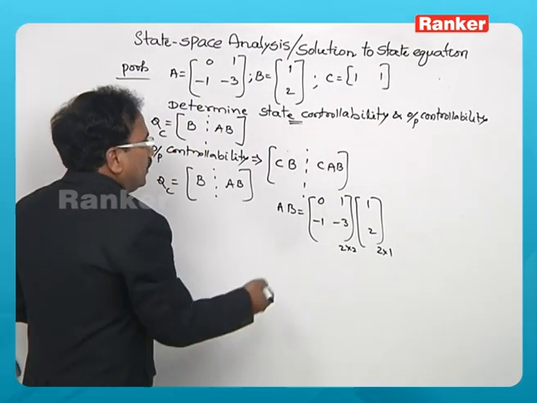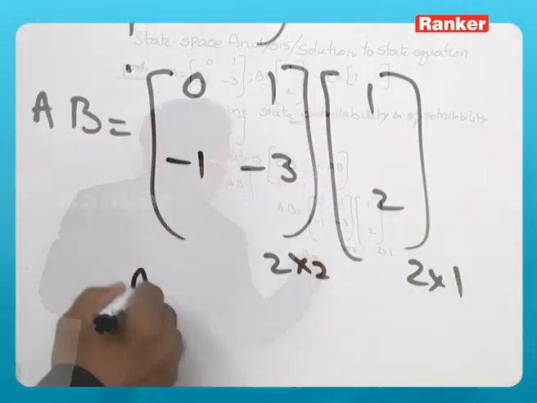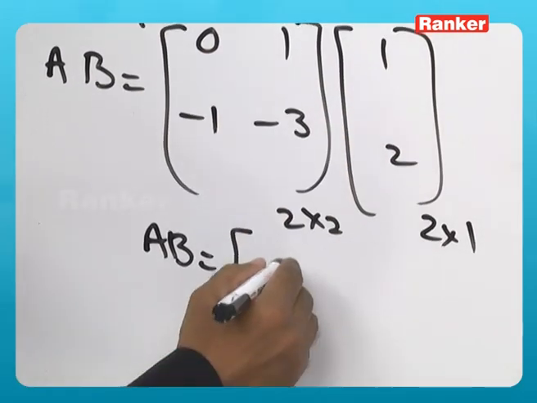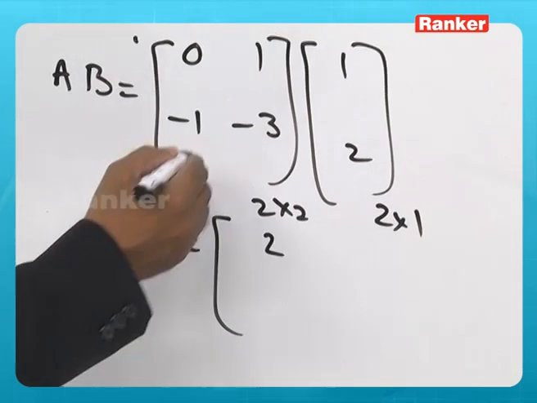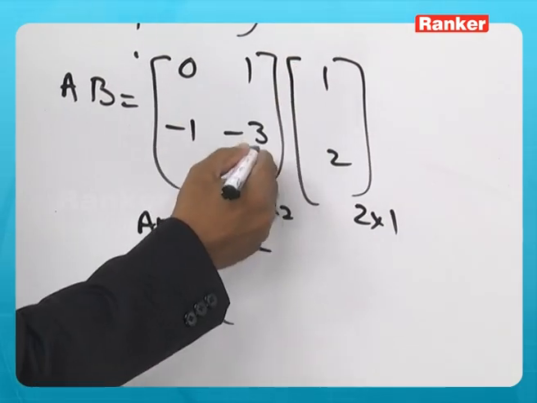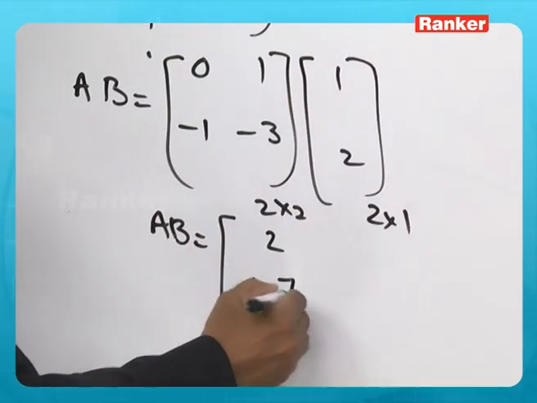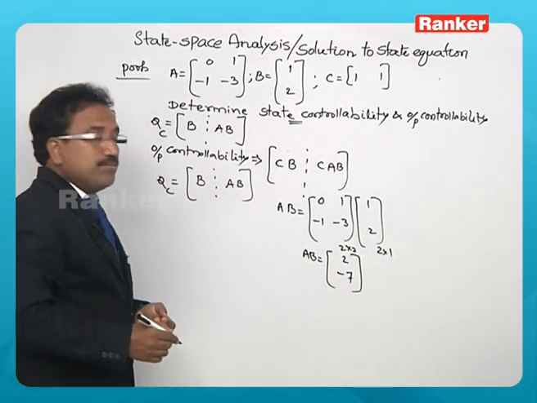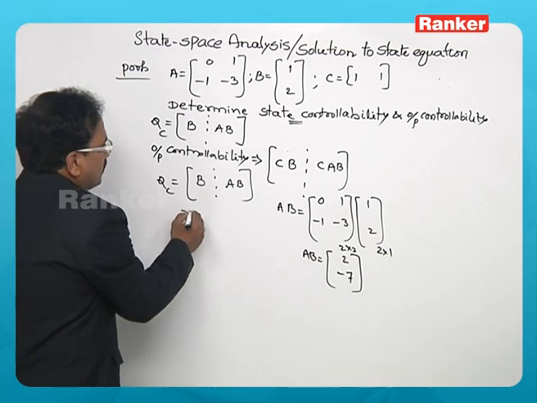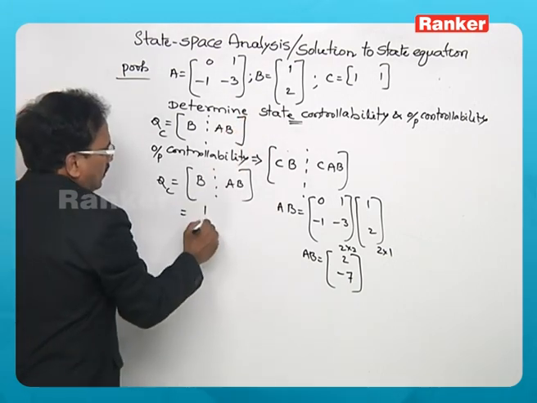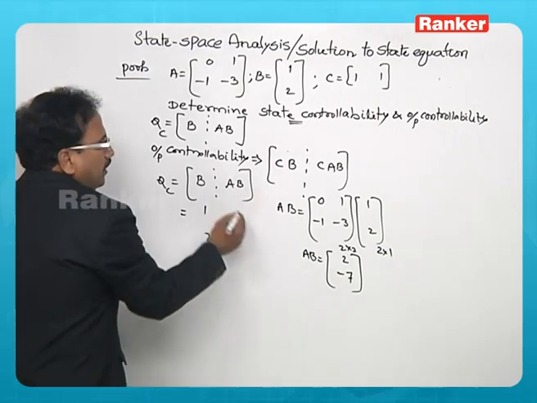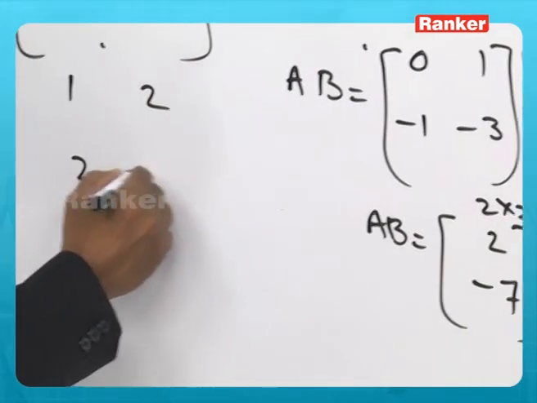So, AB is equal to 0 plus 2, and this is minus 1 and minus 6, so minus 7. So, 2 and minus 7 is AB. Now, B is already given in the system, 1 and 2, and AB is this one you obtained, 2 and minus 7.